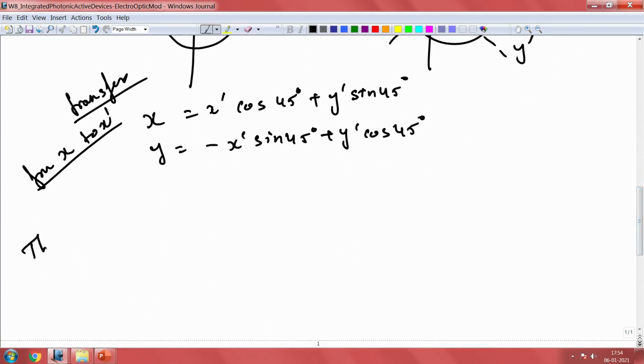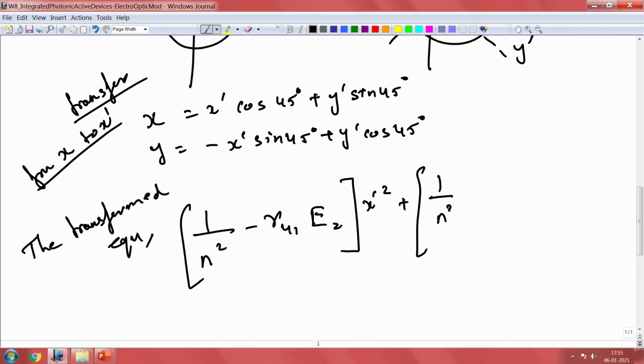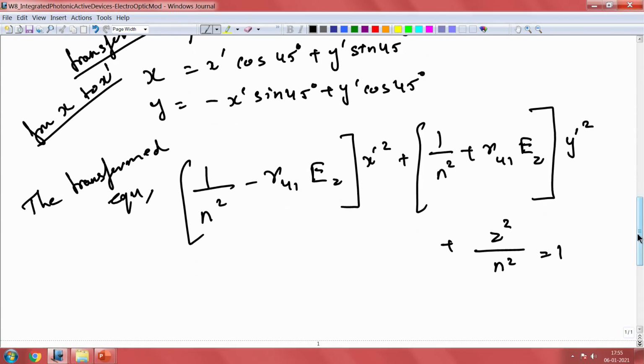So, now the transformed equation will be (1/n² − r41 Ez) x dash squared plus (1/n² + r41 Ez) y dash squared plus z squared over n squared equal to 1. So, this is our transformed equation now, right.